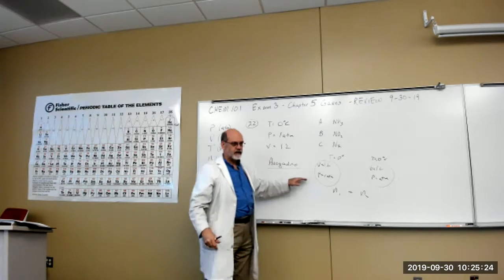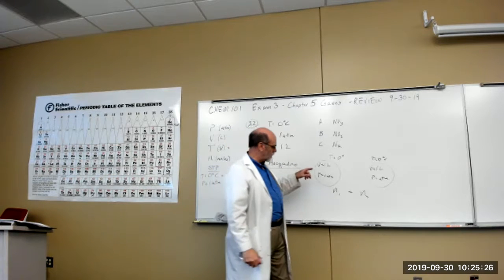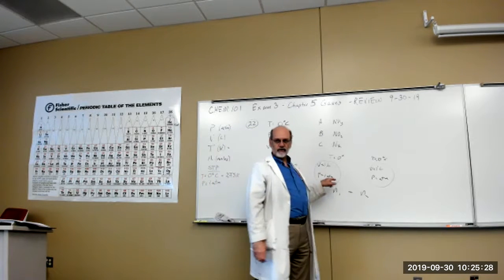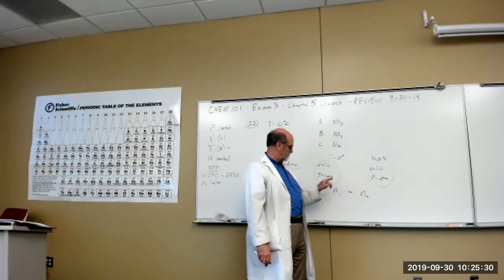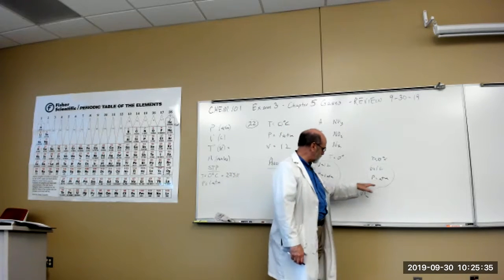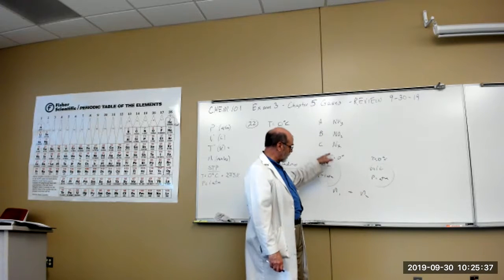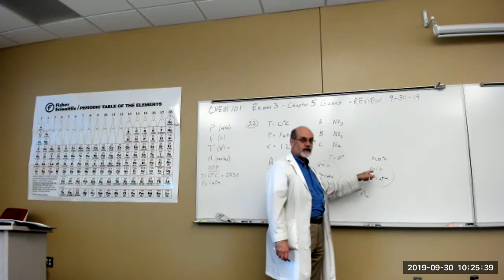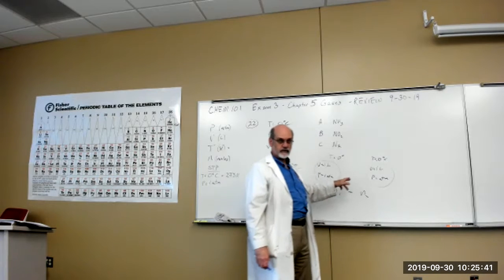This concept tells you how many particles you have in each one. Because if you have this many particles here and this many particles here, they will be equal as long as those conditions are equal. But if you change those, you're going to get a difference in the number of particles.